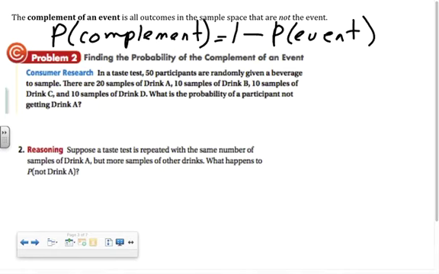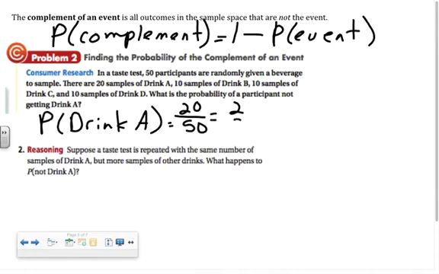So we could find the probability of drink A. And that would be 20 out of 50, which reduces to 2/5. So then the probability of not drink A would equal 1 minus 2/5.